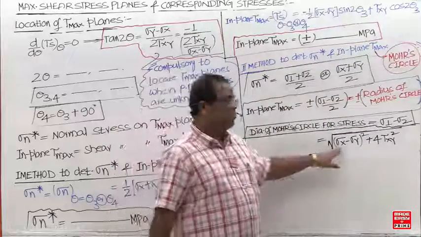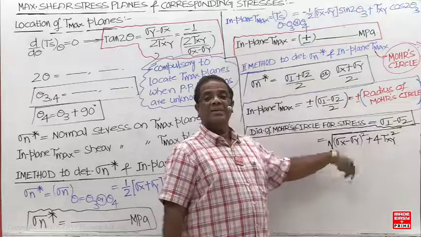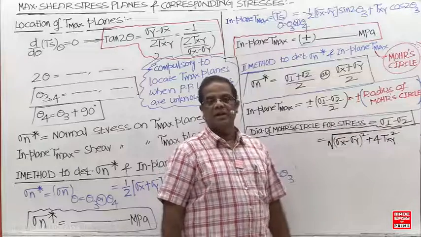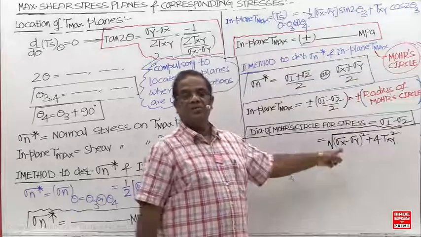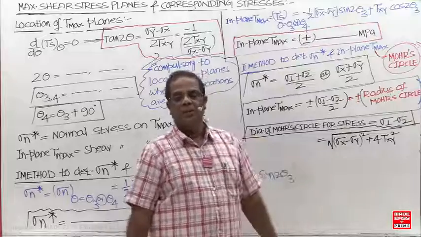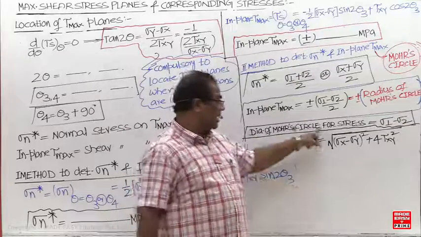Sometimes an objective question will be given directly: sigma x, sigma y, tau xy are given. Then what is the radius of the Mohr circle? If you know the diameter, the radius will be half. So without drawing a Mohr circle you can directly get it.